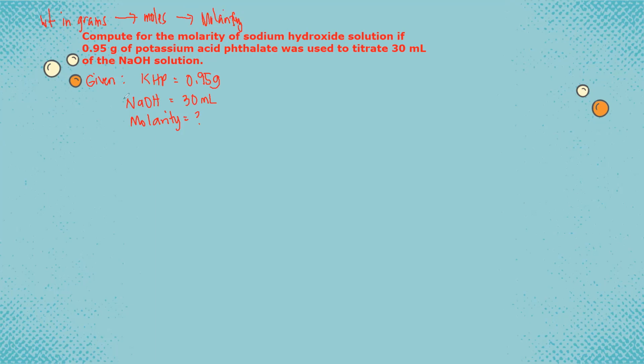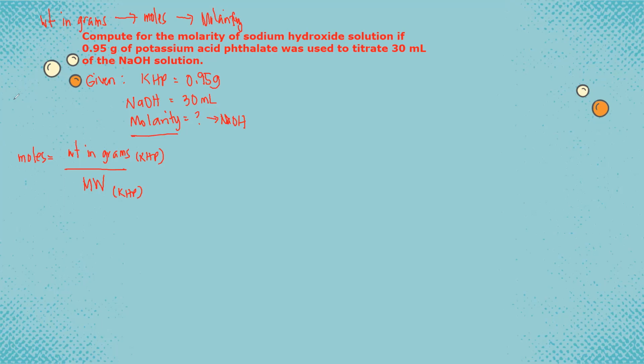So in computing for the number of moles, syempre we will use this formula. Moles is equal to the weight in grams divided by the molecular weight. So the weight in grams is for the potassium acid phthalate. Therefore, we will also use its molecular weight. Though we are looking for the molarity of the sodium hydroxide.